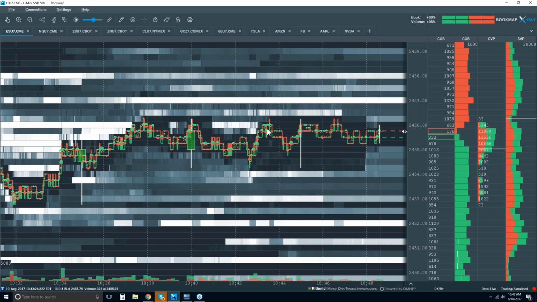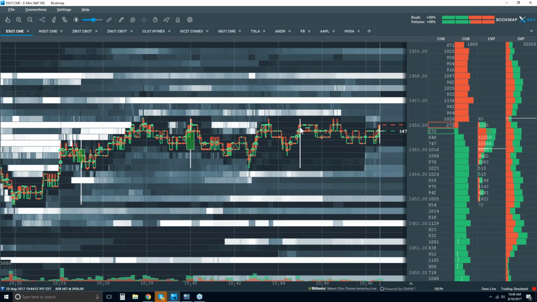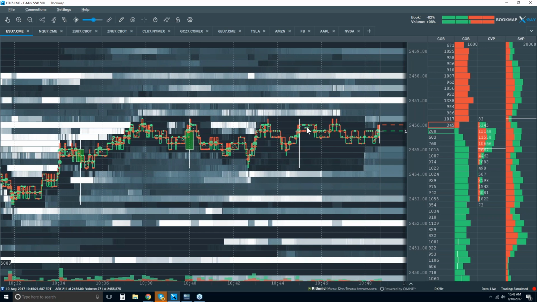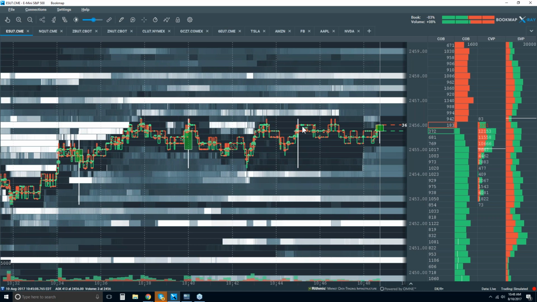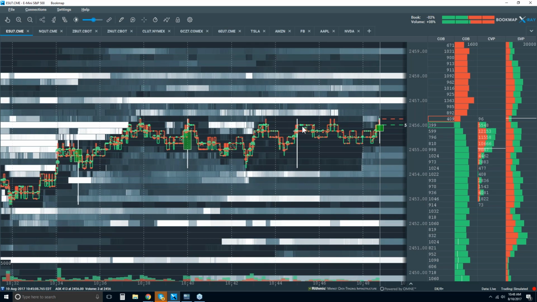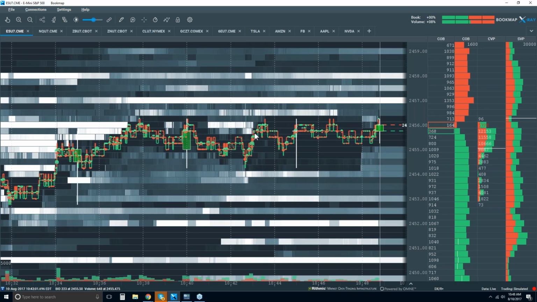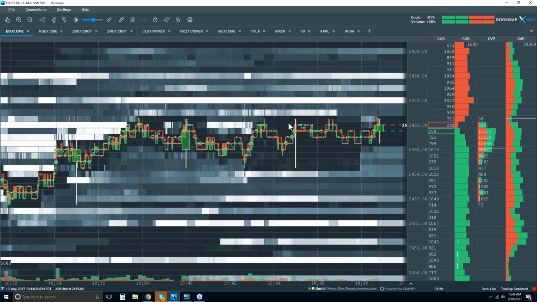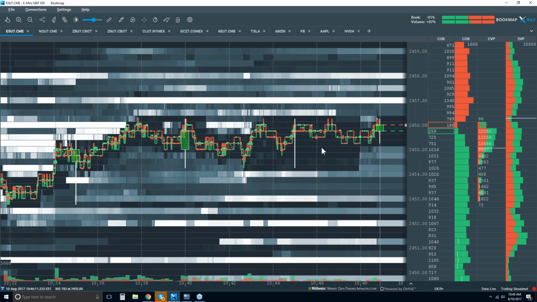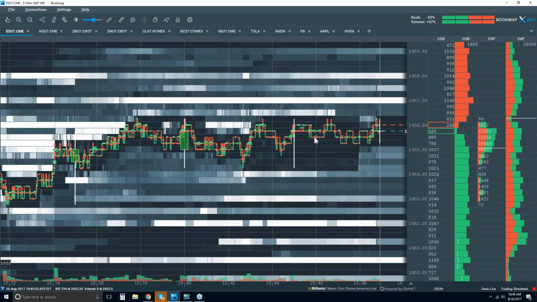If you just see one big volume dot here, it's helpful and may have significance, but we want to know about the buildup to that area and how it reacted afterwards. That's what gives us the context to that traded volume.